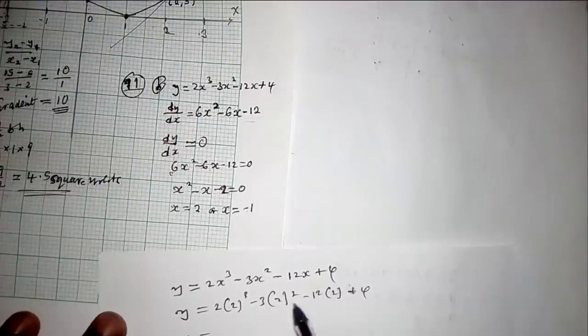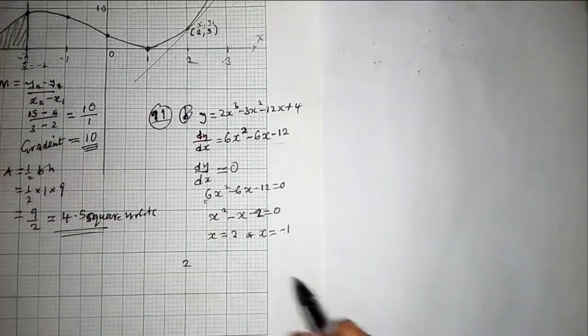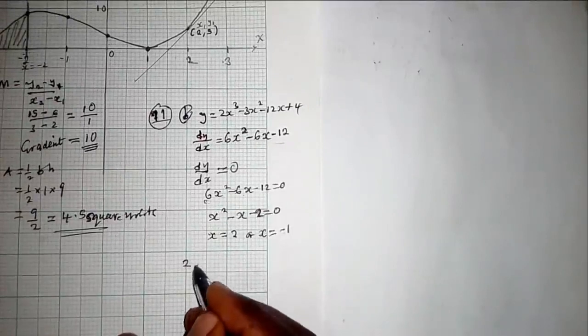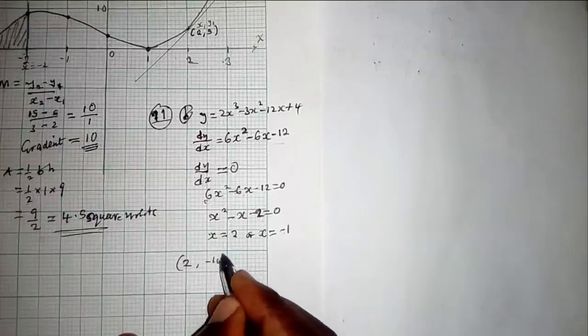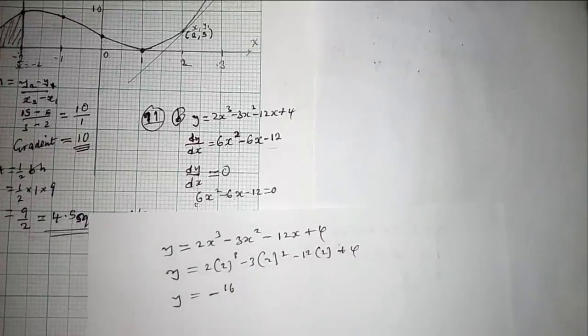And when we punch these on the calculator, you solve, we find that the value of y will be equal to -16. So meaning we have answered 1. So one of the coordinates will be 2, -16.